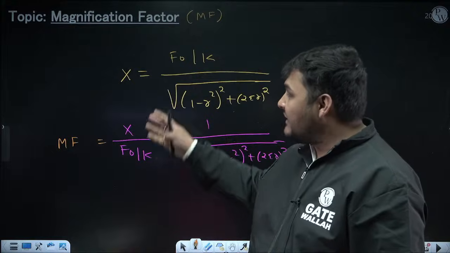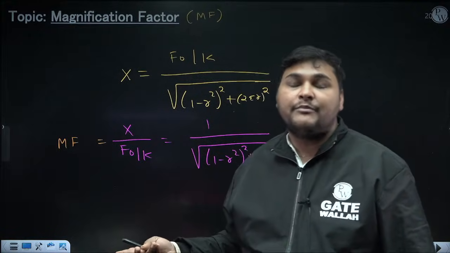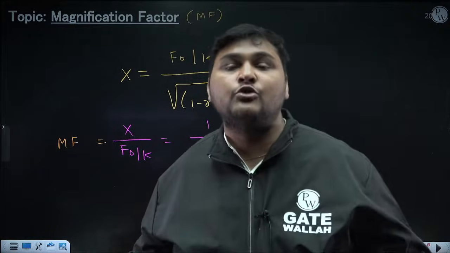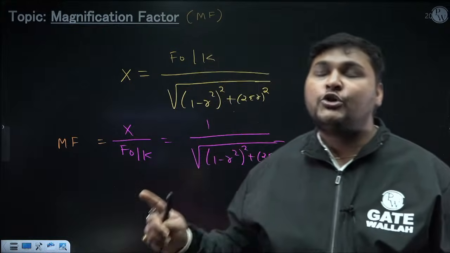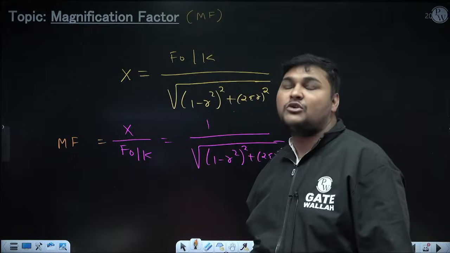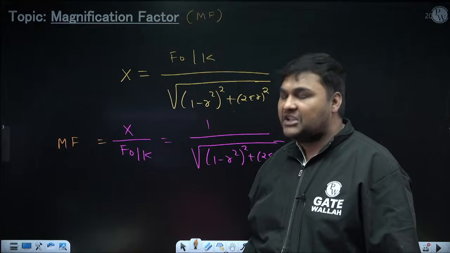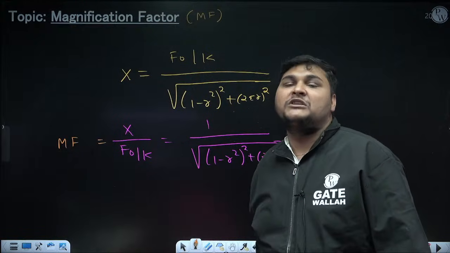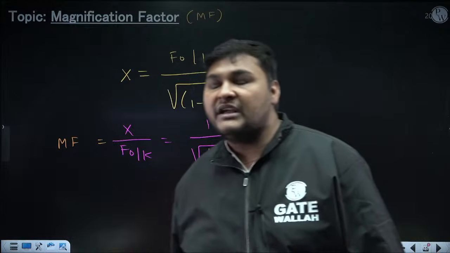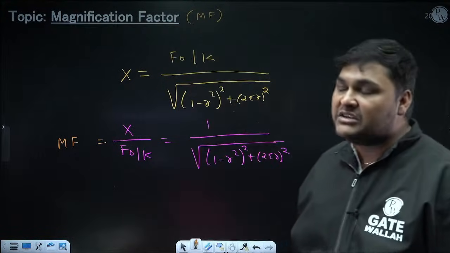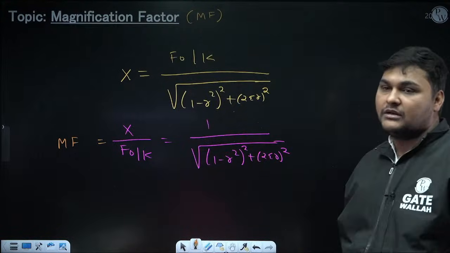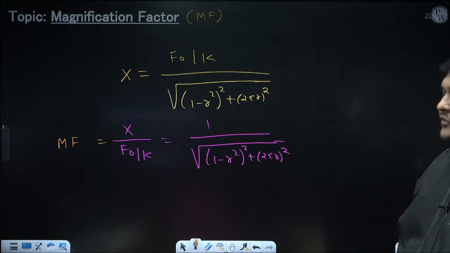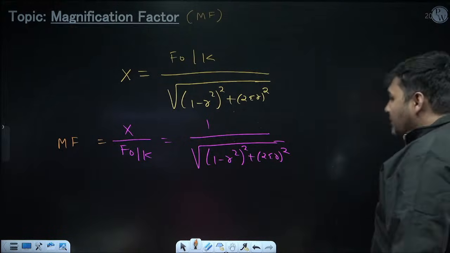That much amplitude is not practically possible. What will happen? The system will break into two parts. That's why I don't want too much capital X, and that's why I don't want too much magnification factor. The range in which the magnification factor is high is not desirable. But for numericals, the formula.